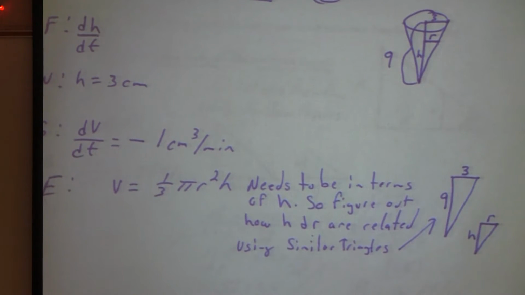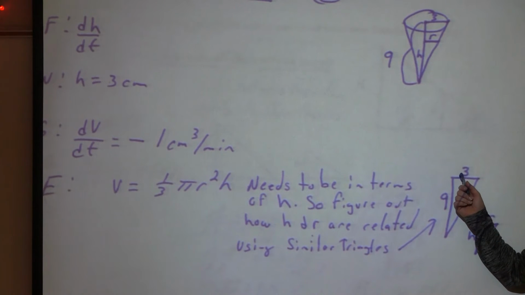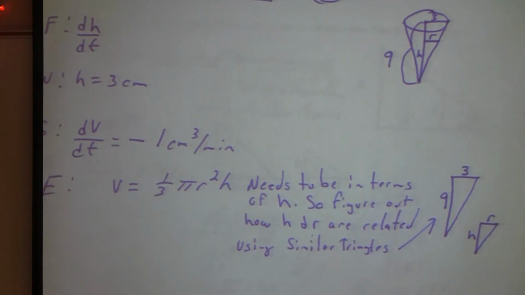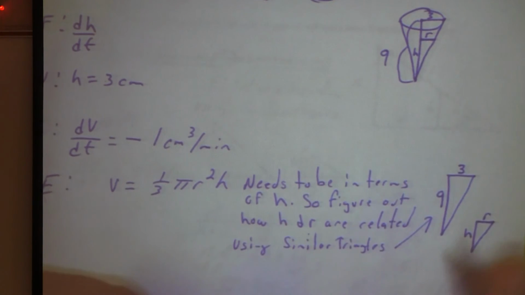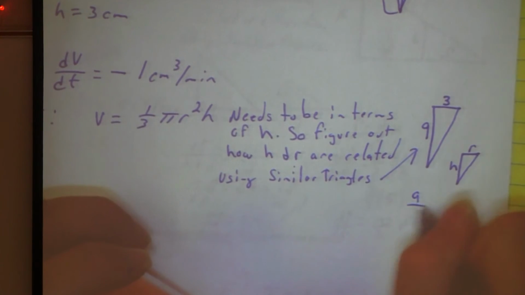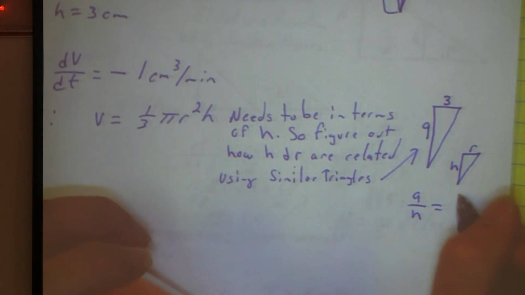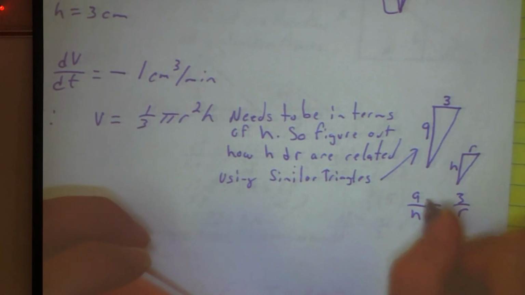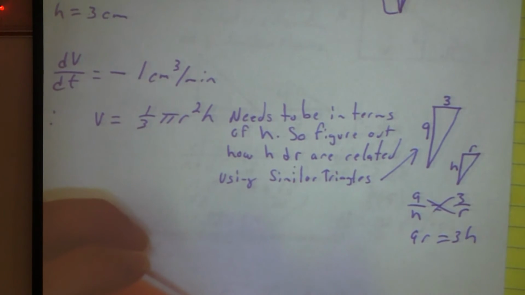So let's set up our proportions so we can see how they're related to each other. You can already tell this is 3 times as big as that one, but let's set it up to figure that out. 9 over h equals 3 over r, cross multiply. 9r equals 3h.